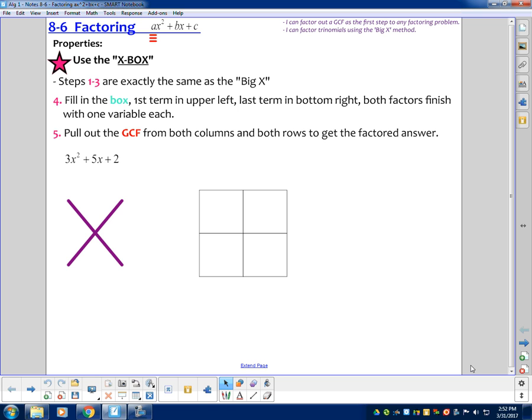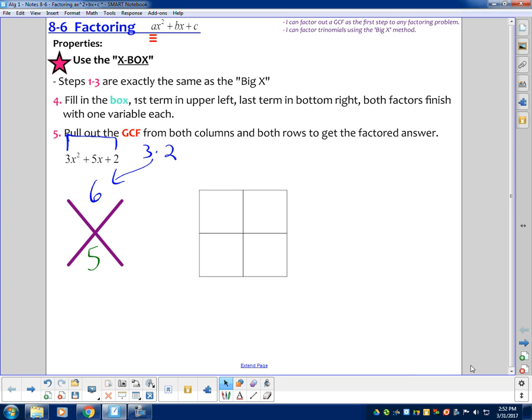We are still looking for two numbers that multiply to equal 3 times 2 here, the first and the last number, and that goes here. So you take 3 times 2, which equals 6, that goes in the top, and they have to add to equal the 5.